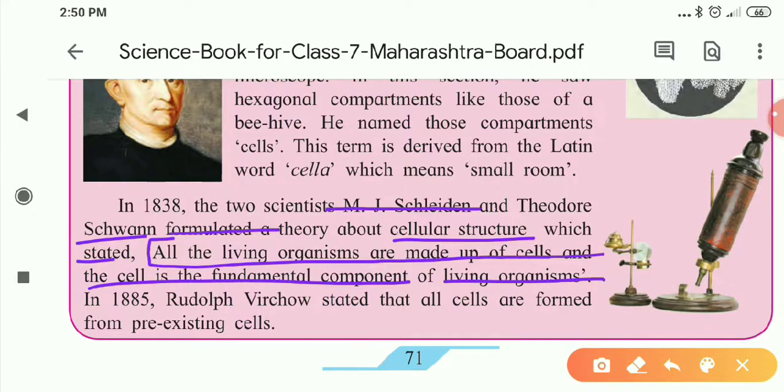In 1855, Rudolf Virchow stated that cells are formed from pre-existing cells.